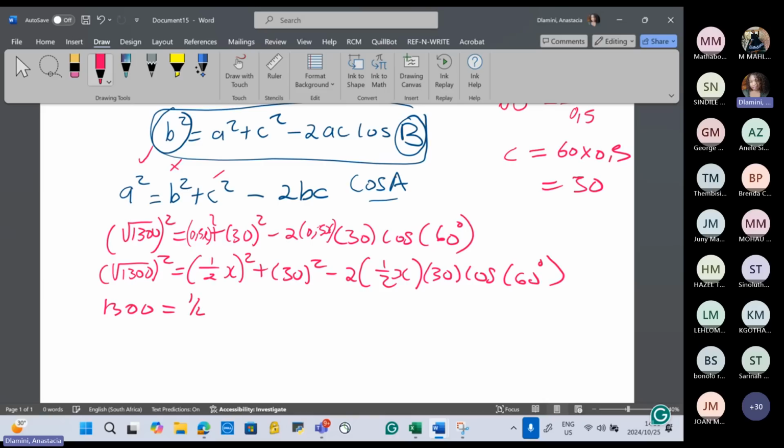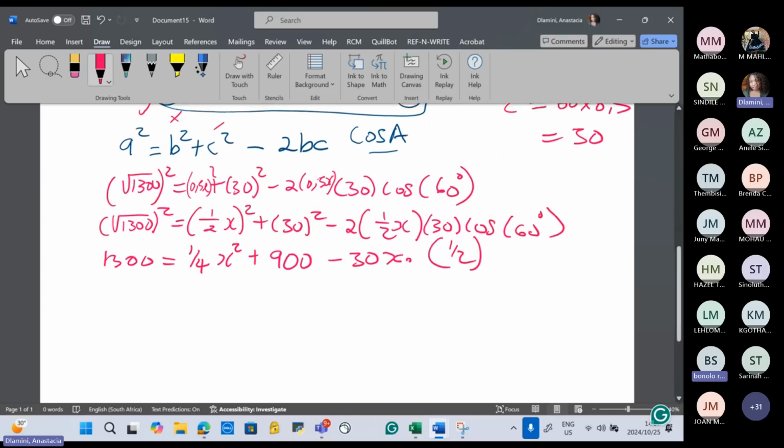This we said is 1 over 4 x squared plus 900, then minus 30x times 1 over 2. Square root of 2 over 2.